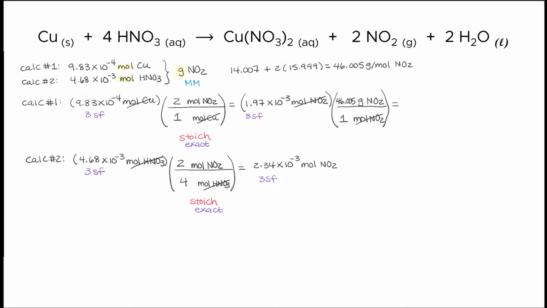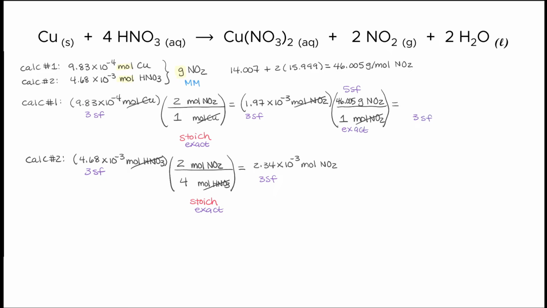Checking our sig figs for the molar mass, we have 5 sig figs. The one is exact. So our final answer will be rounded to 3 sig figs coming from the theoretical yield in moles.